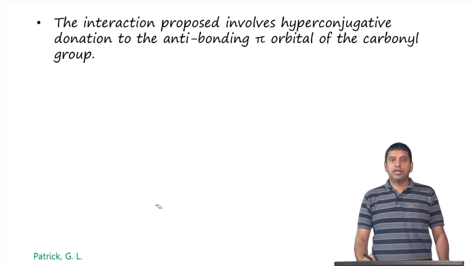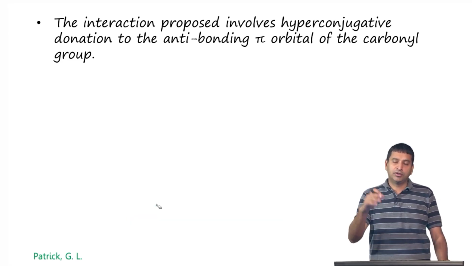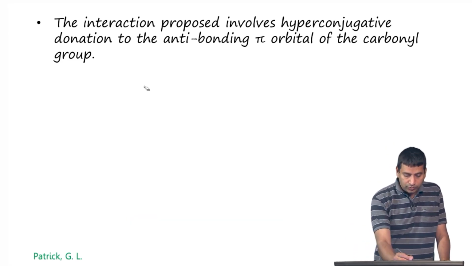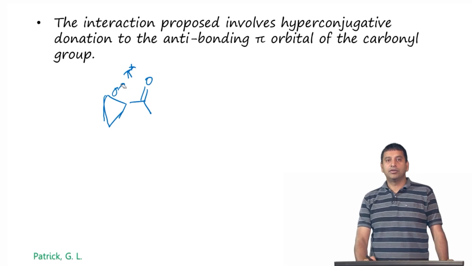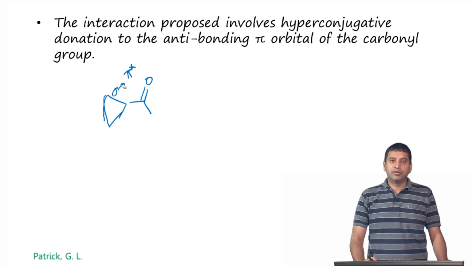And of course, we know that the hyperconjugative effect is donation to the anti-bonding pi orbital of the carbonyl. So, you have a C double bond O and an anti-bonding pi star, and here the sigma bond donates to the pi star of the carbonyl and stabilizes it.